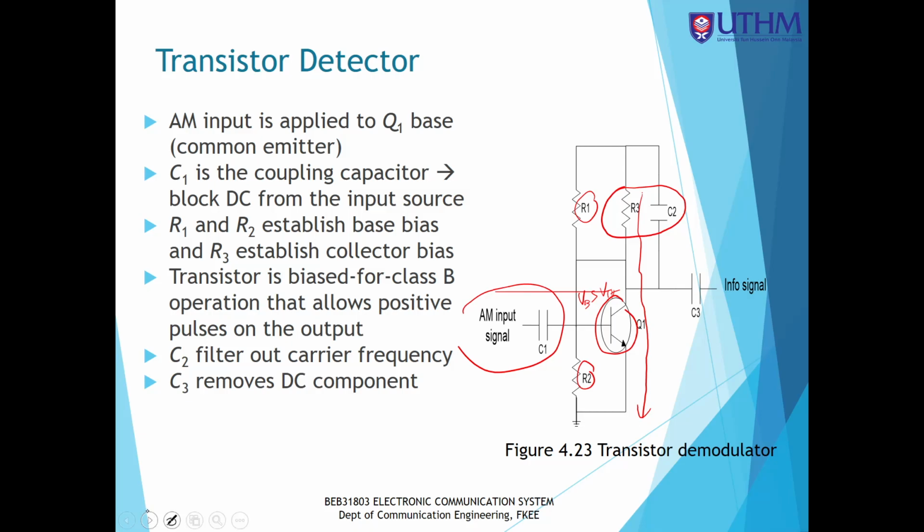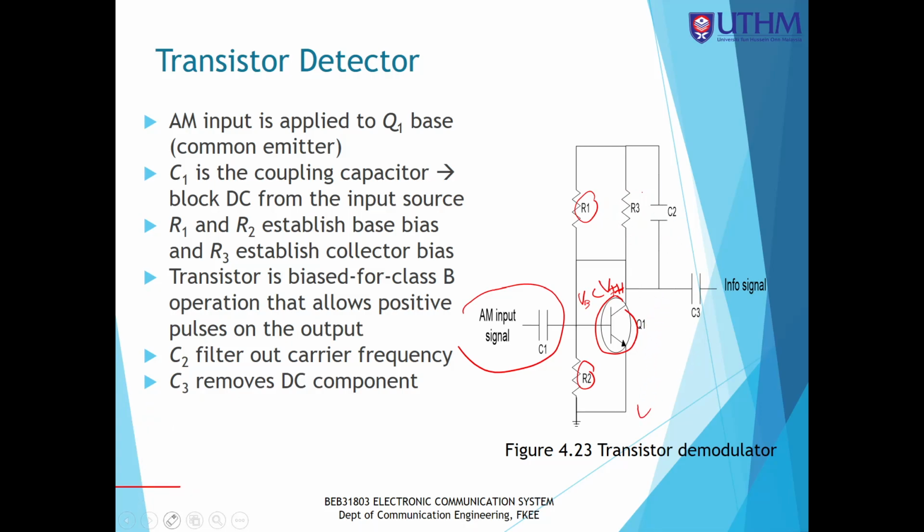And then when the voltage at the base of the transistor drops below the threshold limit, current cannot flow from the collector to the emitter.